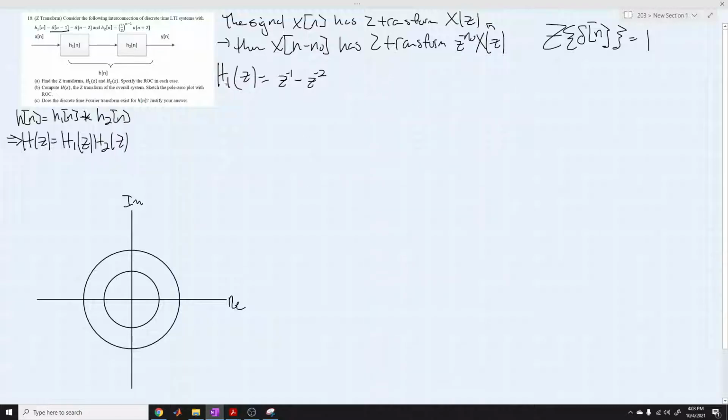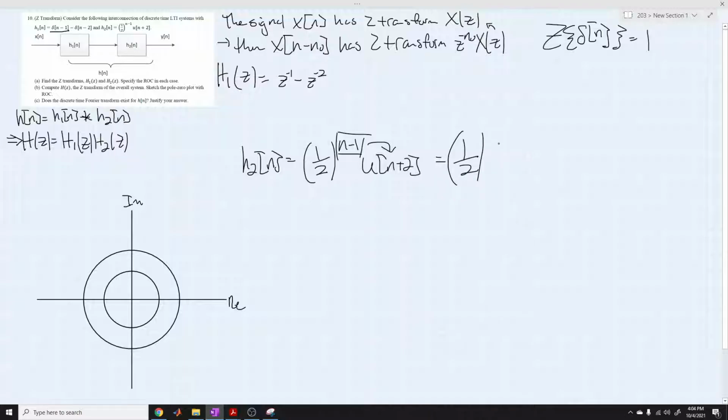Now for h2[n]. h2[n] is equal to (1/2)^(n-1) times u[n+2]. We want to make this look like this, and we do that like this: (1/2)^(n+2-1) u[n+2].